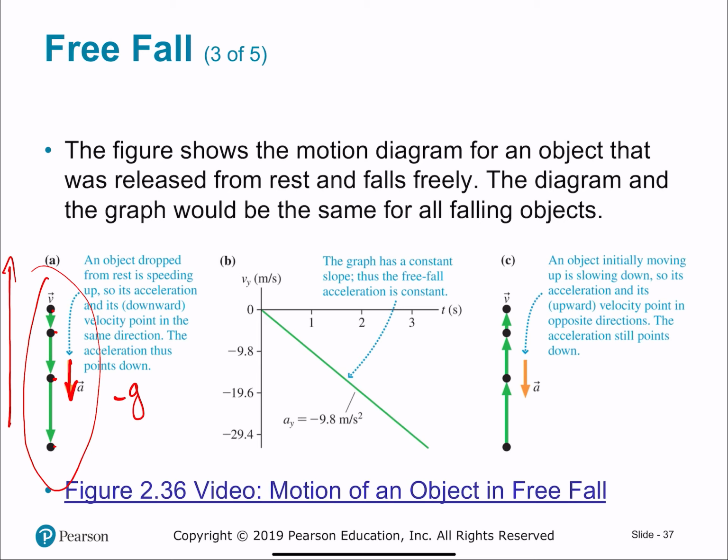So the value of the acceleration is 9.8 meters per second squared. Every second, the object is going 9.8 meters per second faster. So if you plot the velocity versus time graph, which is this graph here, that would be a straight line. And the slope of this straight line, if you do the rise over run, is just 9.8. It's this number here.